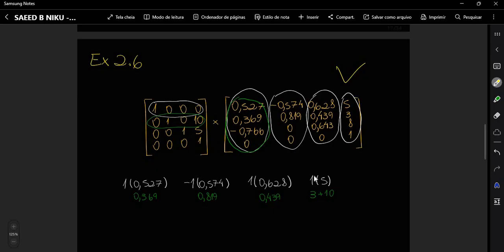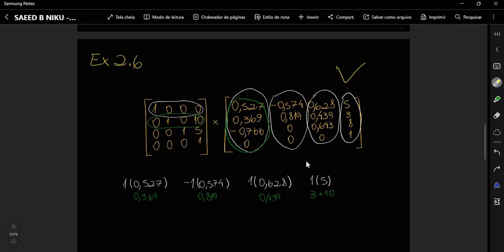It says that a referential F, which is this one, this referential, was moved 10 units alongside the axis y and 5 units alongside the axis z of the reference system.